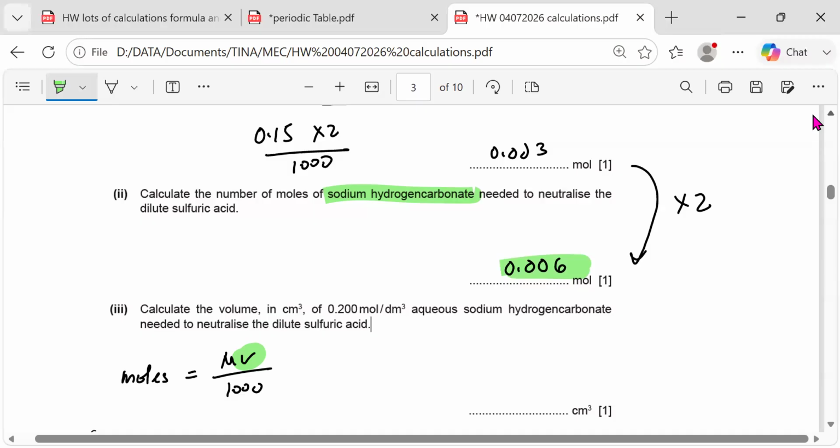V. So how much? 30. 30, yes. Right. Do you know how to find?